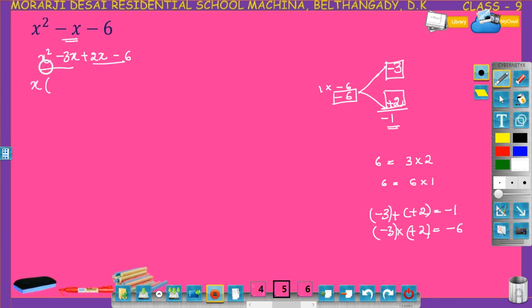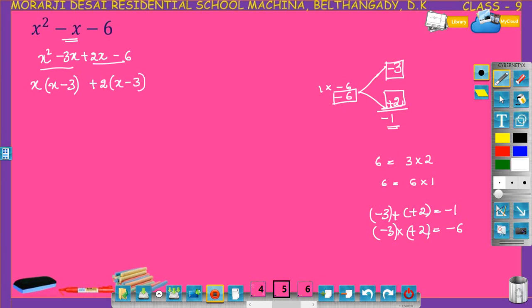If I take x outside from x square, the remaining is x. Minus 3x, if I take x outside, the remaining is minus 3. Plus 2x minus 6: 2 and 6 are divisible by 2. Keep it outside. Here the remaining is x, and 6 by 2 is 3.